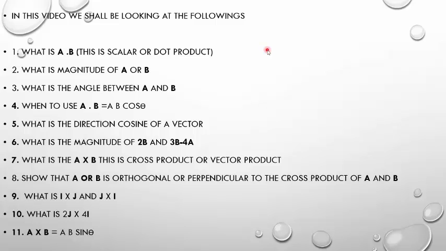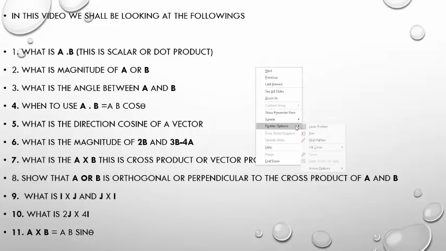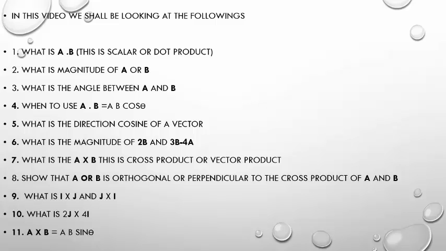We can equally have the vector with a line under it. If I have a letter and I have a line under it, it shows it is a vector.